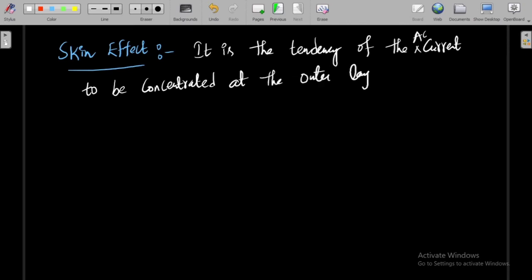because the skin is the outermost portion of our body, is it right?